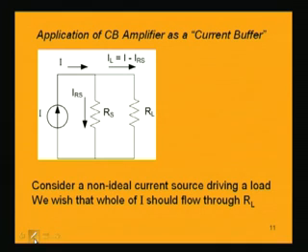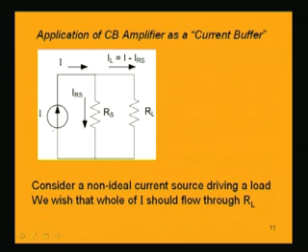Now, where is this common base amplifier mostly used? Actually, the common base amplifier is very frequently used as a current buffer. A current buffer means, suppose we want to use the common base amplifier as a buffer stage between a source and a load. We want to use it as a buffer because of the case where we have a load very small compared to the resistance which is in parallel with a current source.